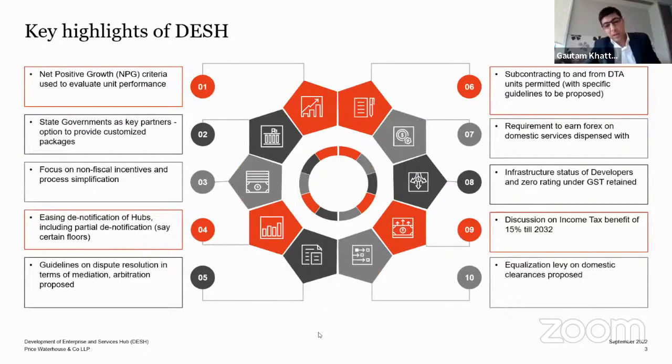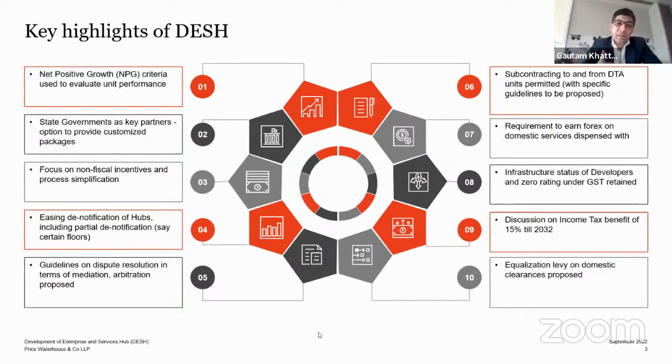With this background, moving on to some of the key highlights of the DESH bill, we've selected these 10 points for discussion today. Primarily, the objective of the DESH bill is much broader than what the SEZ legislation had. To start with, the DESH bill looks at NPG, which is net positive growth. And this will be the criteria used to evaluate units' performance.